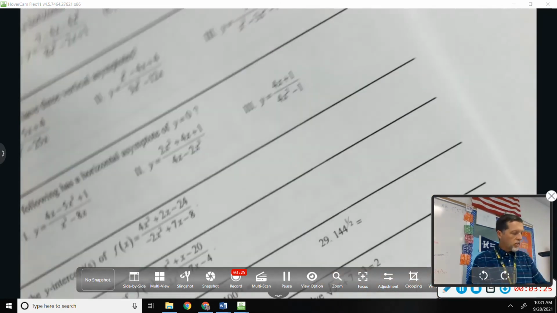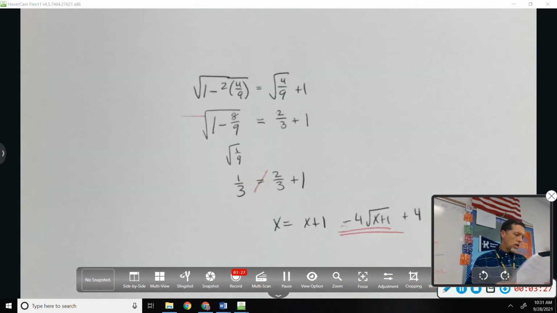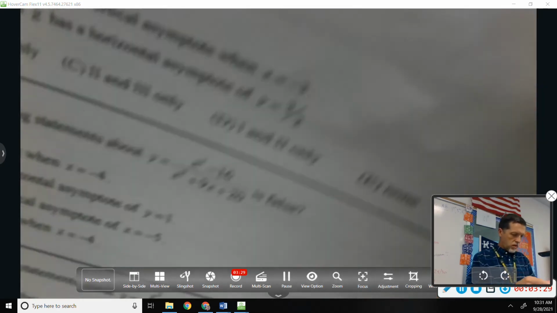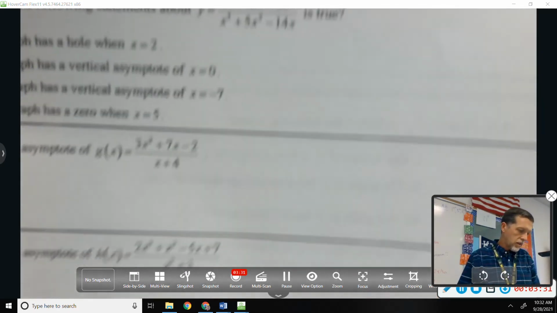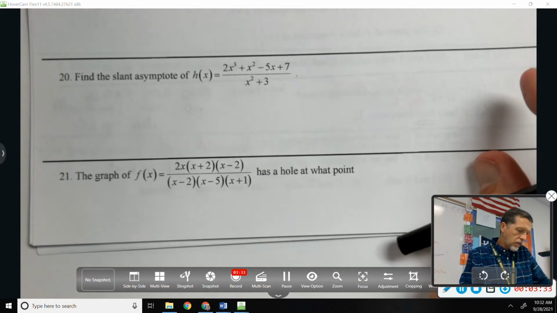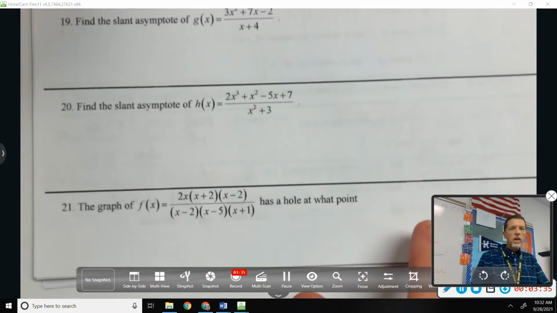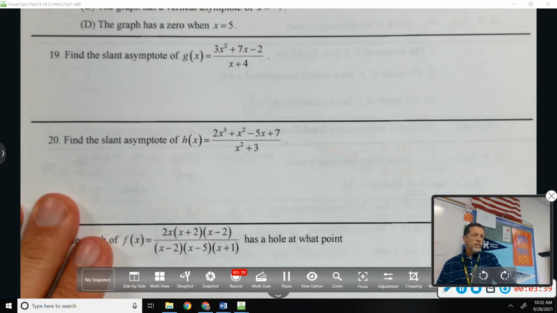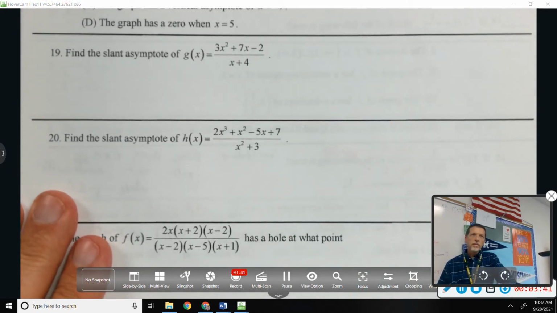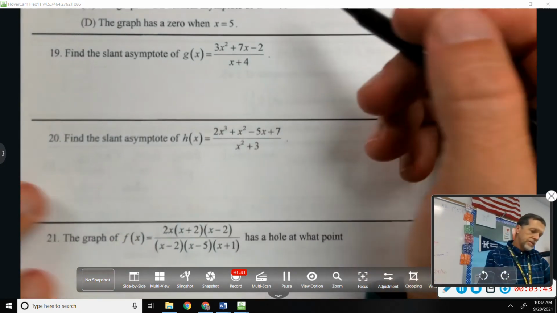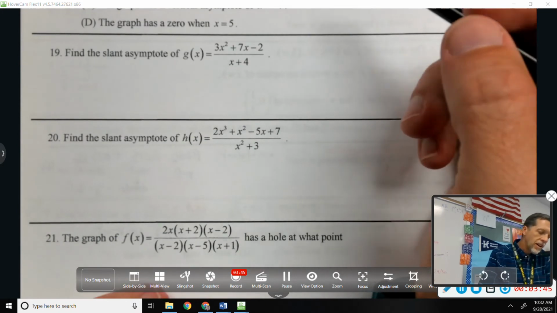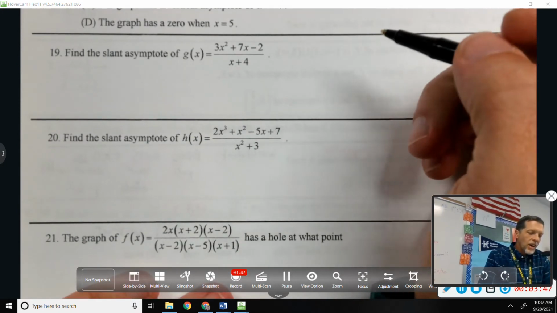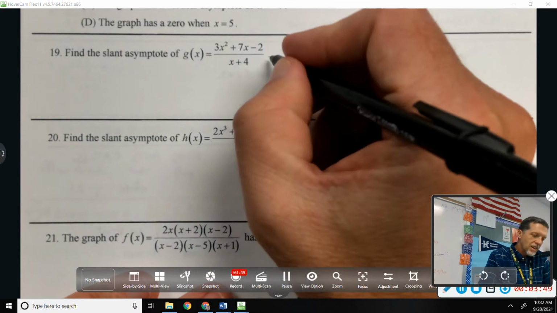There's a question about a slant asymptote. Let's see, where would that come up? 19 and 20. What makes 19 and 20 different? One can use synthetic division, one can't. Which one can use synthetic? The top one.